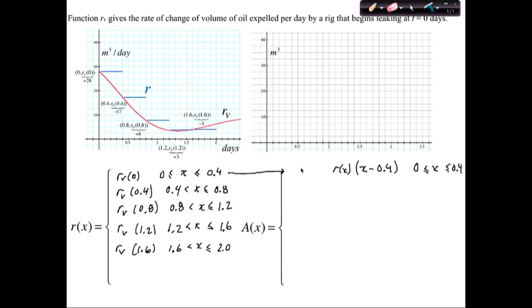So what's the initial? 0, right? So volume initial plus the rate times the change in x for any x in the interval. Is it familiar? So what is the rate? 28.